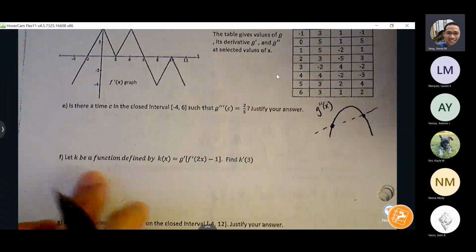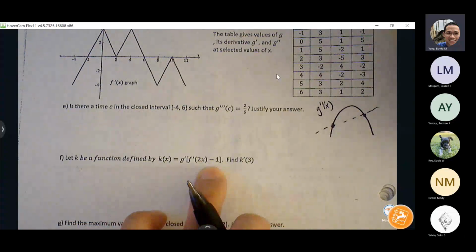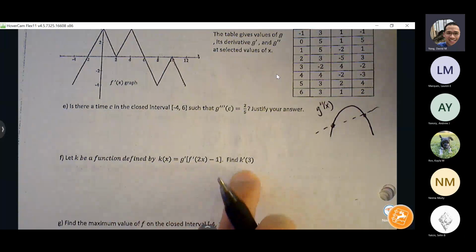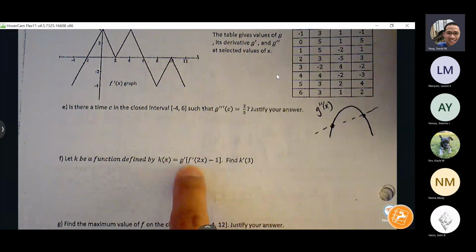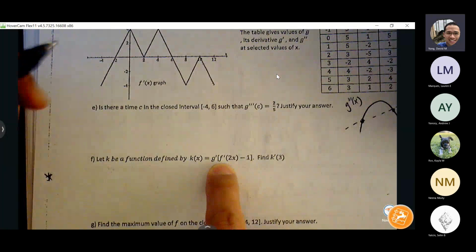Okay, let K be a function defined by K of X equals G prime of F prime of 2X minus 1. Find K prime of 3. To find K prime of 3, we first have to find K prime of X. We see that this is organized in an outside-inside portion, right?